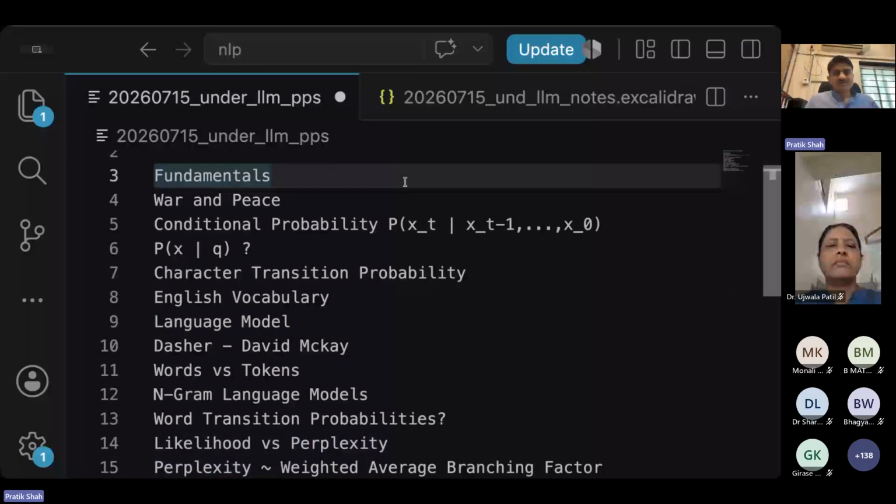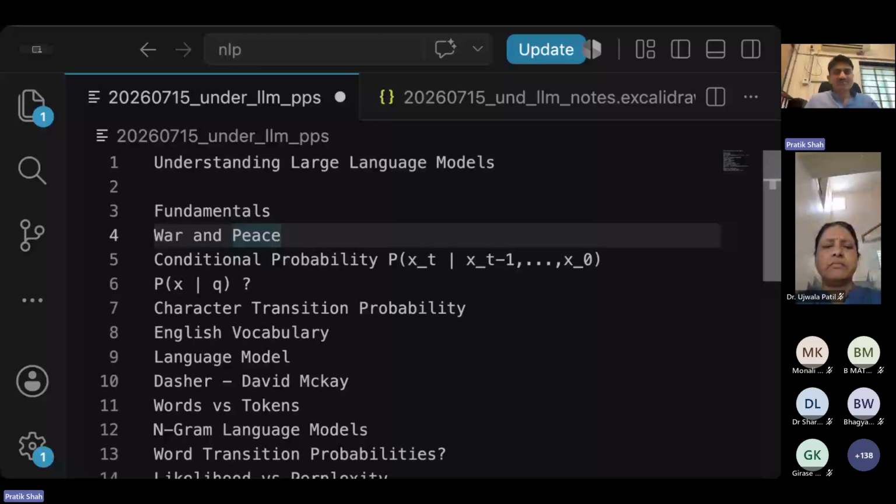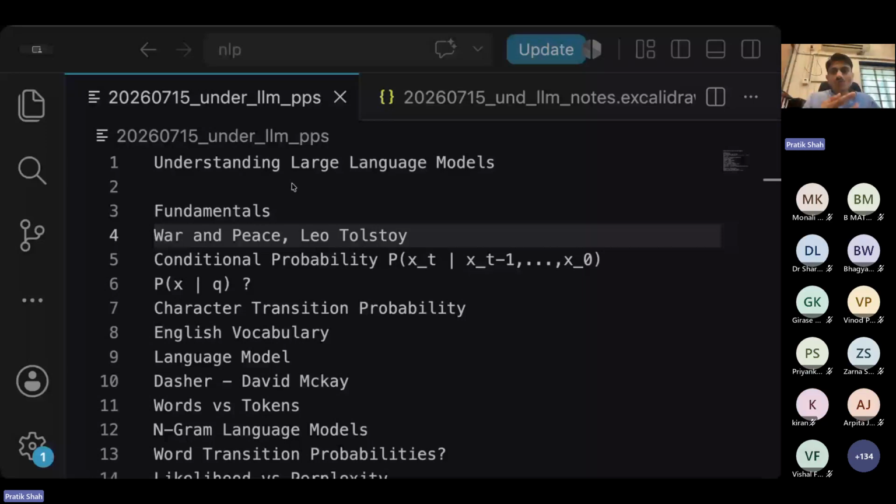So this is my pet example that I typically give when I talk about language models as such. There is a nice story, War and Peace by Leo Tolstoy. It's a classic, big book, and every language has a classic, and the classic typically helps you build your vocabulary.